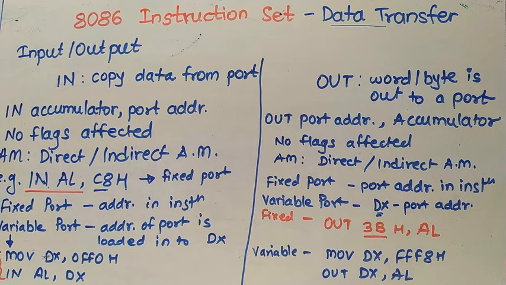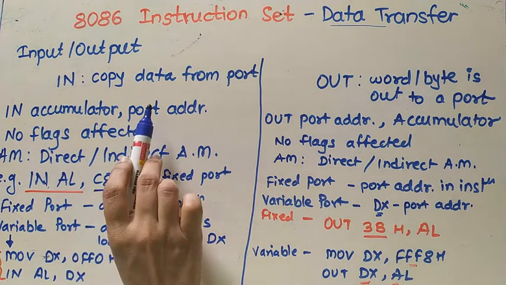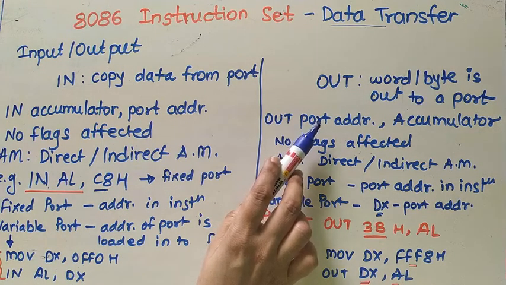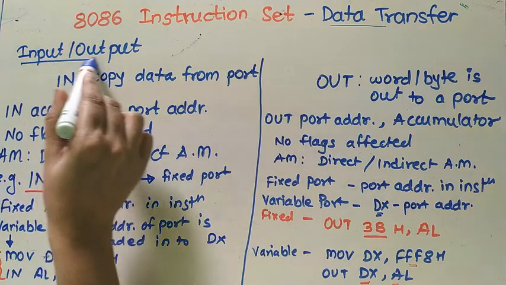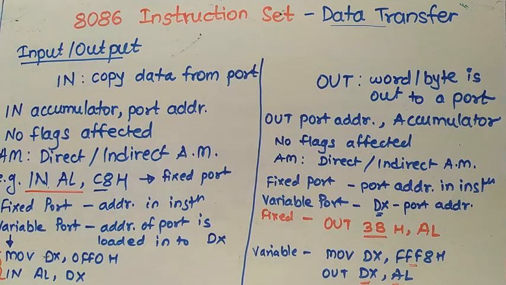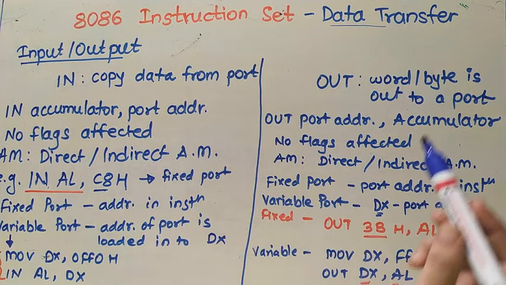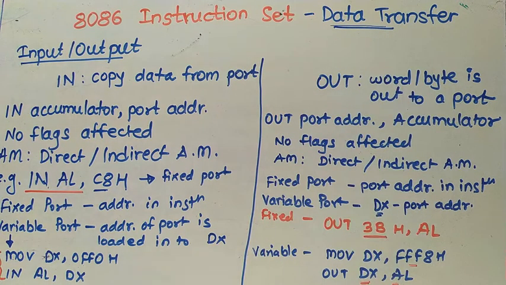That means now the contents of the AL register are copied into the port address FFF8H, which is specified by this DX register. So these are the two instructions present under this input output category, and these again come under the data transfer group.